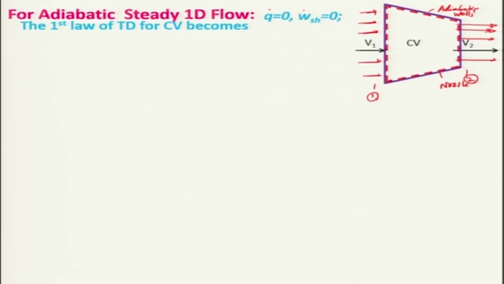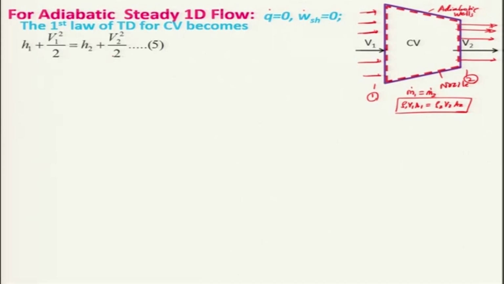Of course, the mass conservation has to be looked at, and in this case the mass conservation will be m dot 1 is equal to m dot 2, that is rho 1 V1 A1 is equal to rho 2 V2 A2. So, this is your mass conservation equation, and let us consider the first law of thermodynamics, that is h1 plus V1 square divided by 2 is equal to h2 plus V2 square by 2.